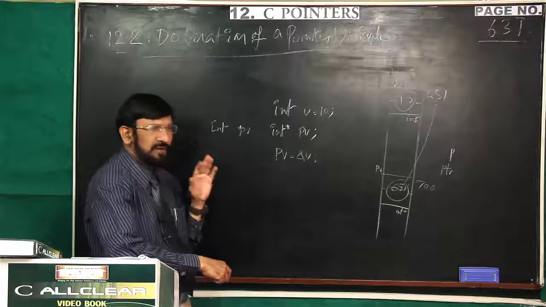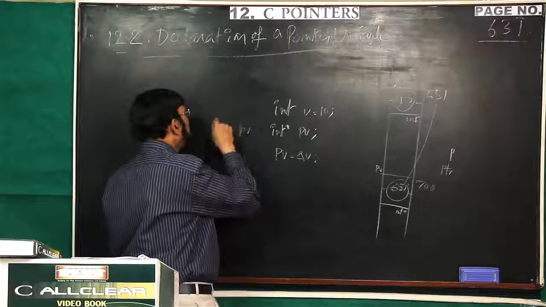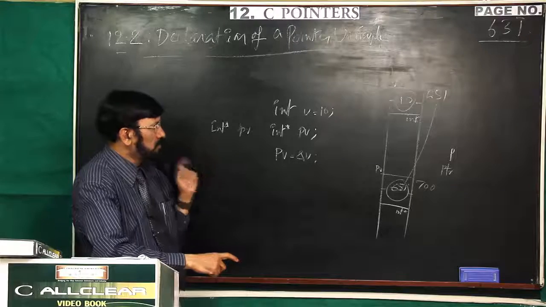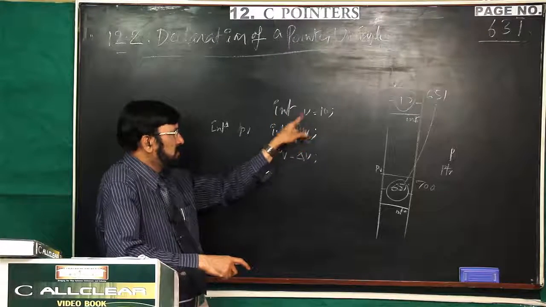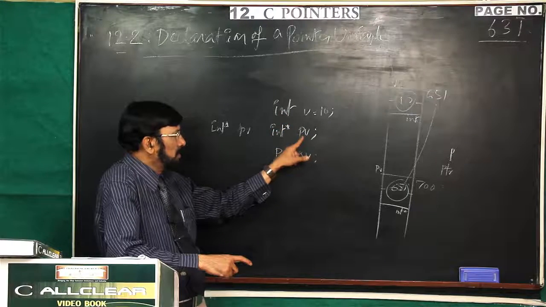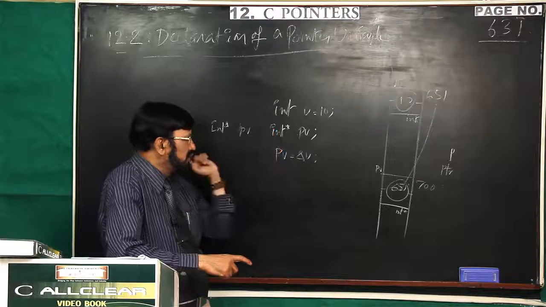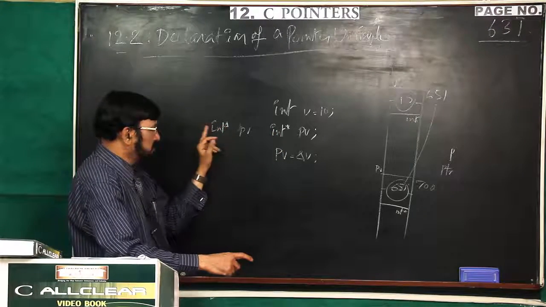Conceptually, if you suffix the star symbol to int, it is more readable. Now, what is this type? Int. What is V's type? Int. What is PV's type? Integer type pointer. Like that, we can find the distinction. That's why in this book, I have written this notation.